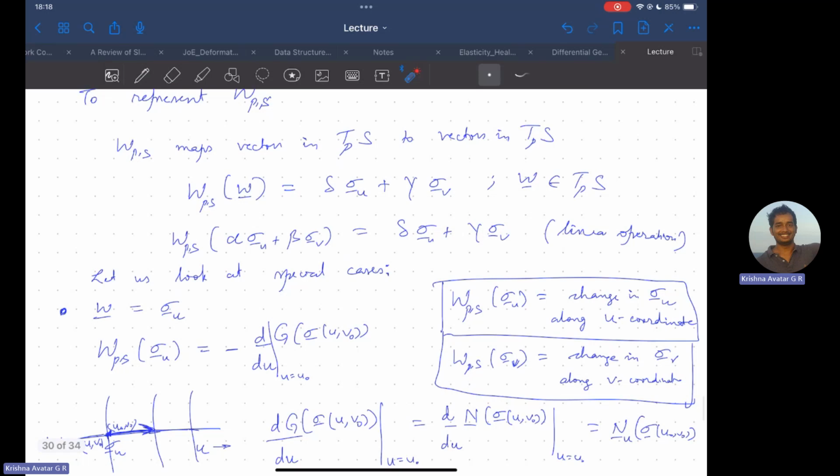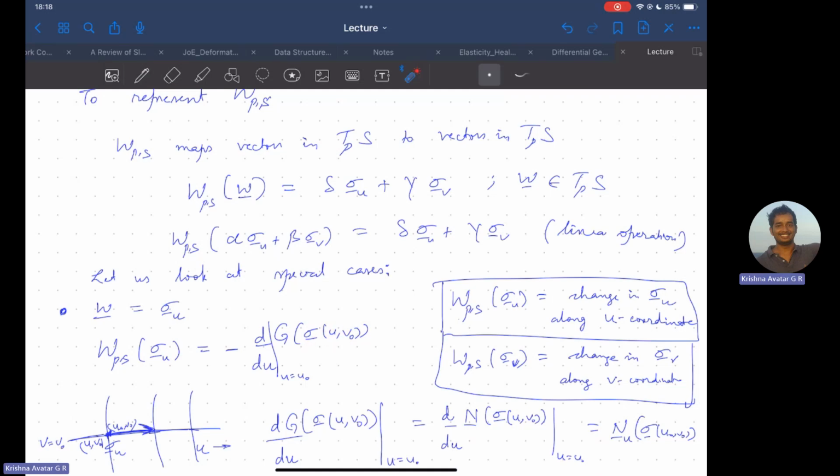And we then went on to look at some special cases. Now consider that the W vector is sigma u. Then the shape operator W_P of sigma u is minus d by du of the Gauss map at sigma u v naught. So for a constant coordinate line v equals v naught, we are only varying u, right?